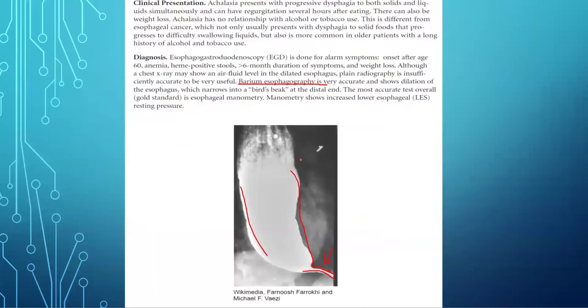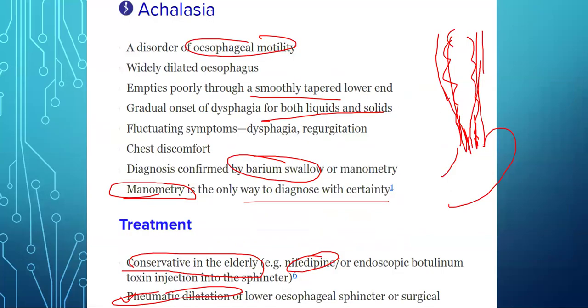Okay, but according to James, which is what we are going to follow, James says that you can even try nifedipine in an elderly patient first. And if that doesn't work, then you go for pneumatic dilation in an elderly patient. And for patients who are not elderly and also patients who don't have any surgical comorbidities, you can even try the surgical method. Okay?